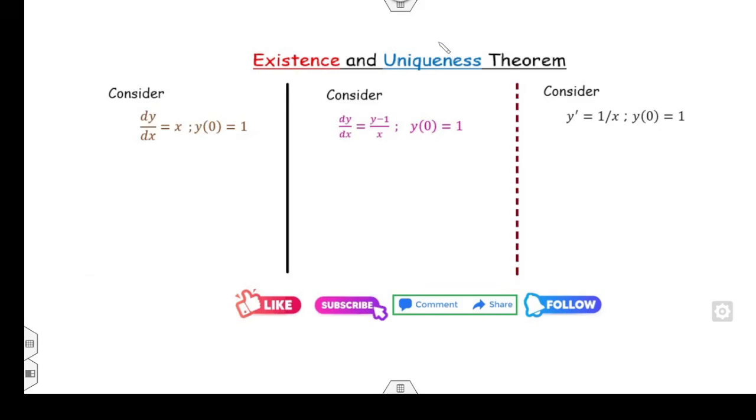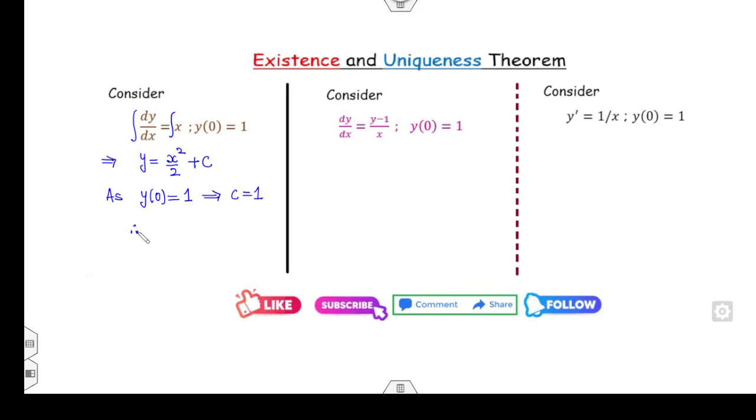Now, if I look at these three examples first, and then extend to the general form, can you find the solution of this problem? Yes, you can. If you integrate on both sides, you will get y is equal to x square by 2 plus c. Now, the initial condition y of 0 is equal to 1. What will happen? c will be 1.